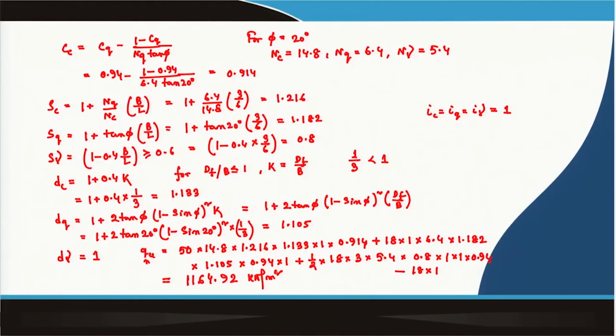So, in this course I will discuss the different effects. First, I have discussed the effect of soil compressibility. In the next class I will discuss the other effects like loading eccentricity, then the inclination of the load, and other effects. Thank you.